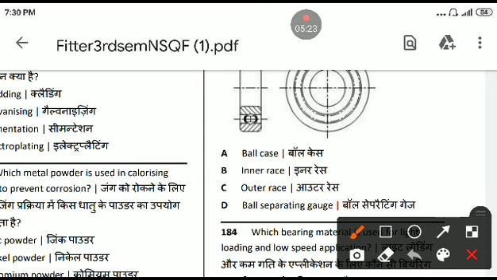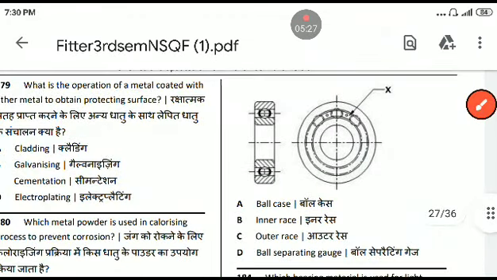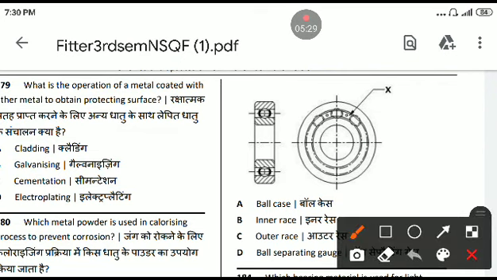Option D. Ball separating cage, not a gauge. Cage.